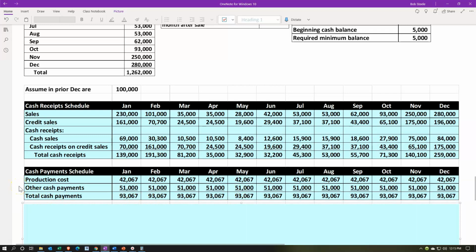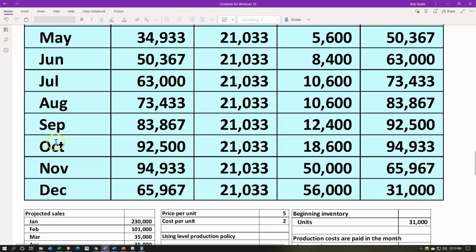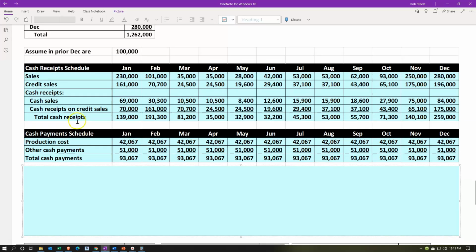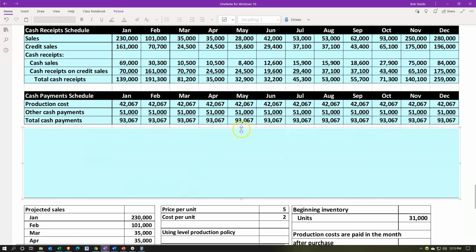Notice we're not spending a whole lot of time on the cash payments and the production process, because the new thing here is really this production schedule, where we had the even production schedule up top, and now we're going to apply that to the cash payments. We'll also think about the loan that applies to this as well. If you want more detail on the cash payment schedules and whatnot, we did that in a prior section. We have a whole lot of problems that you can look into on that.